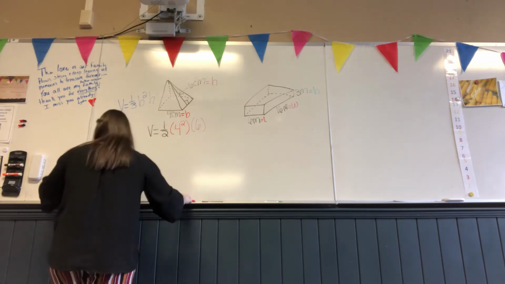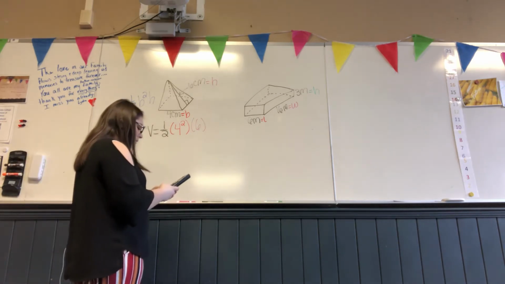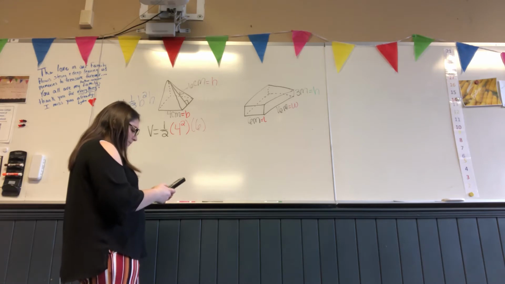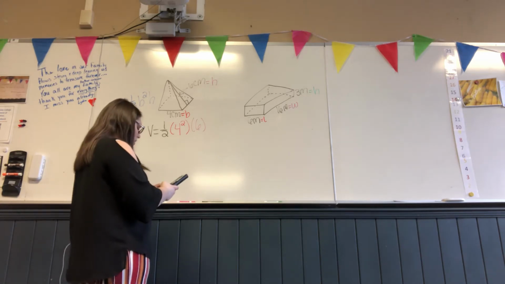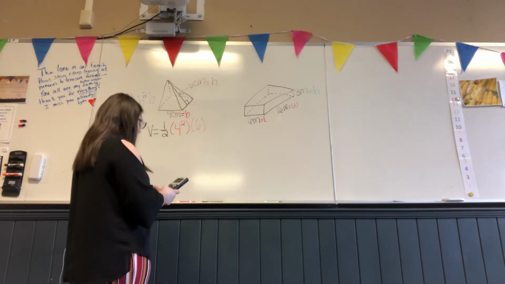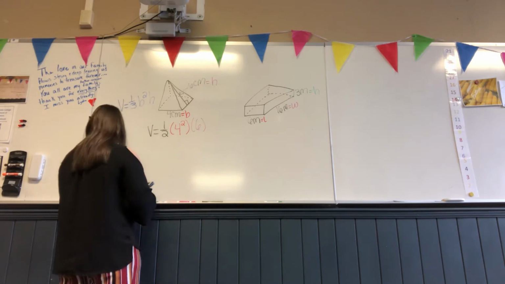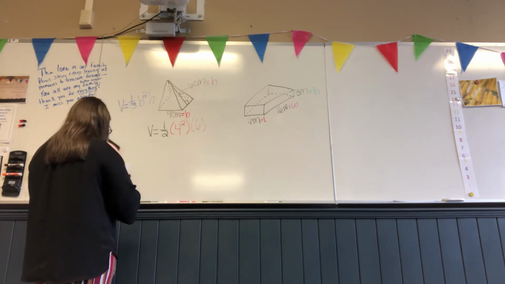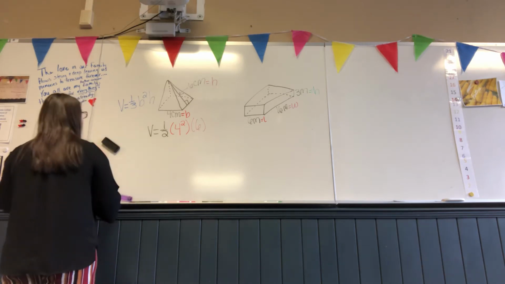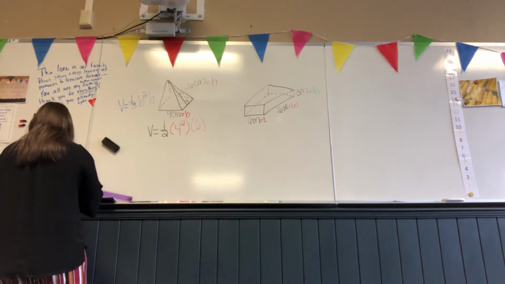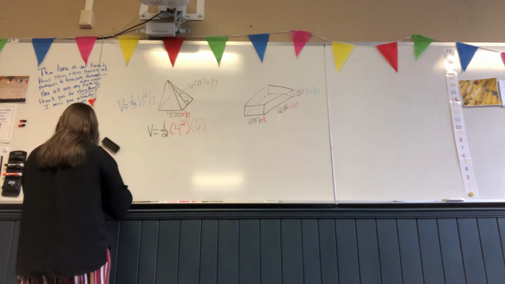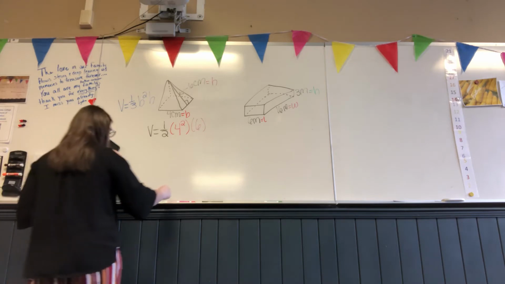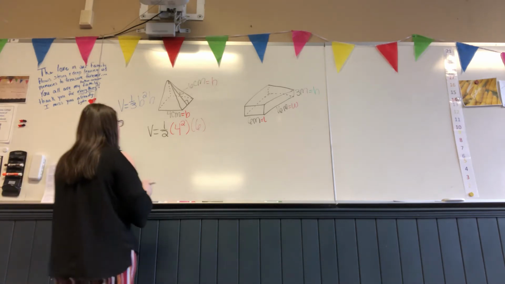So we can put this into our calculator. 1/3 times 4 squared times 6. That should give you 32 centimeters, and this is going to be cubed.